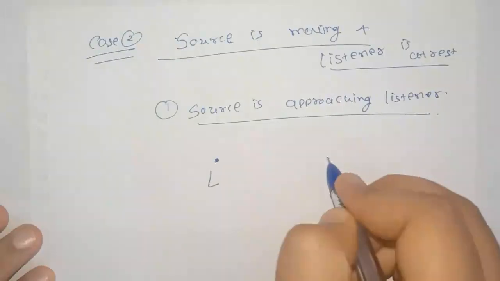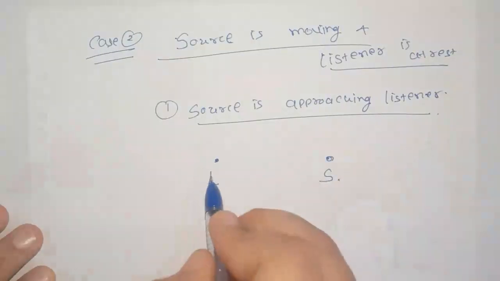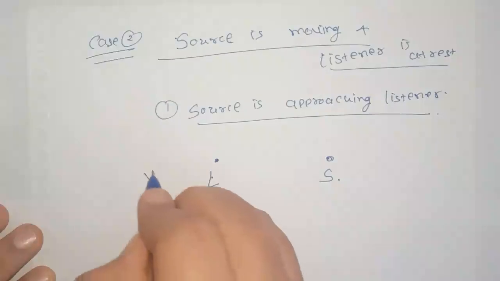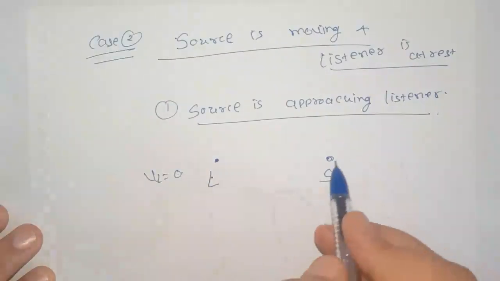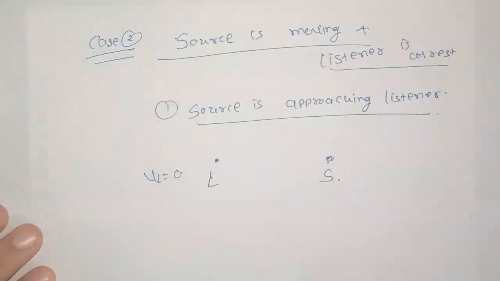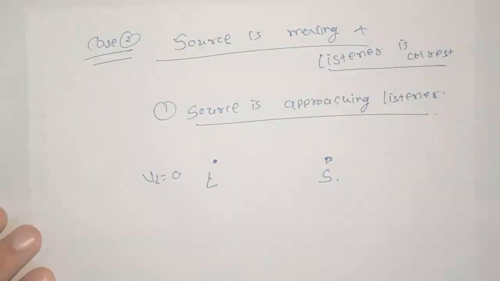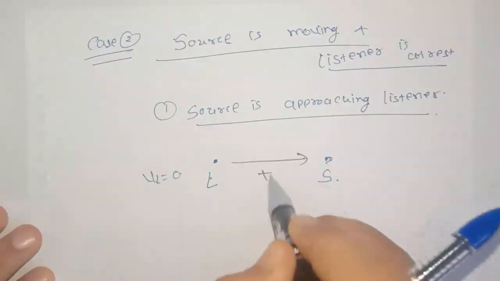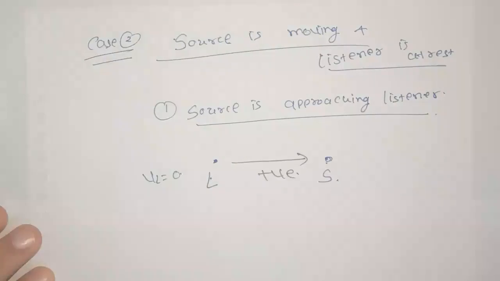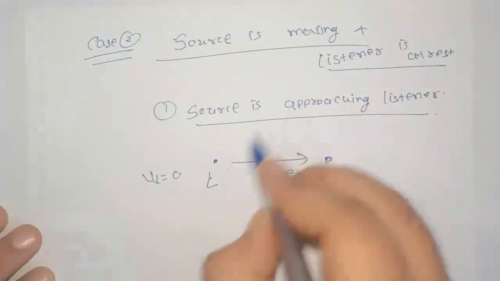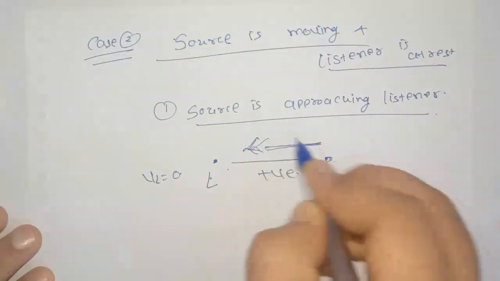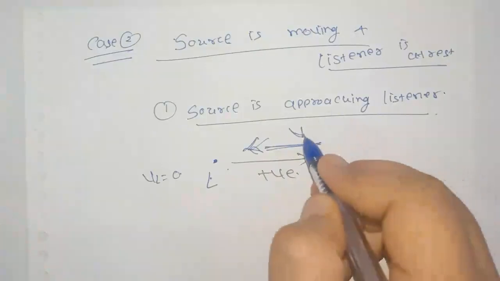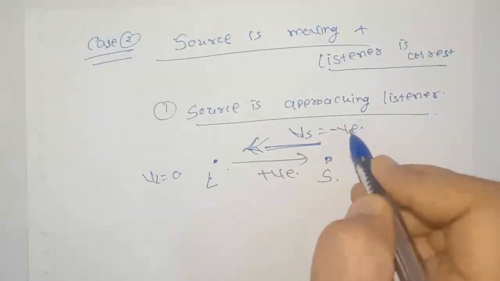Let's say this is listener and this is source. Here the listener is at rest, so VL will be 0. Source is approaching the listener. For reference, this L to S direction is taken positive. The source is approaching listener, so it will be moving in the opposite direction of reference direction. So Vs will be negative.